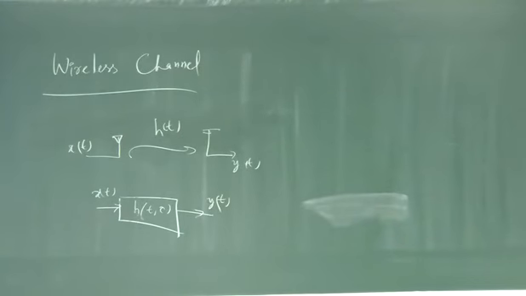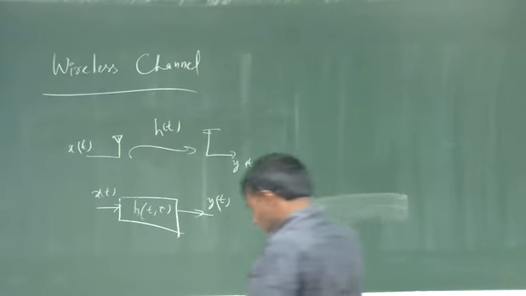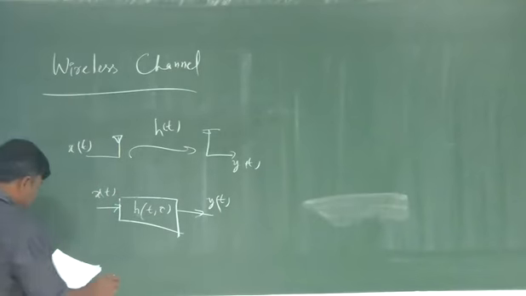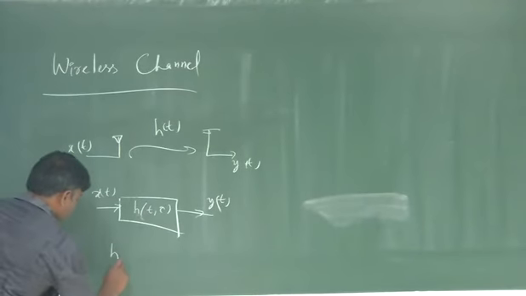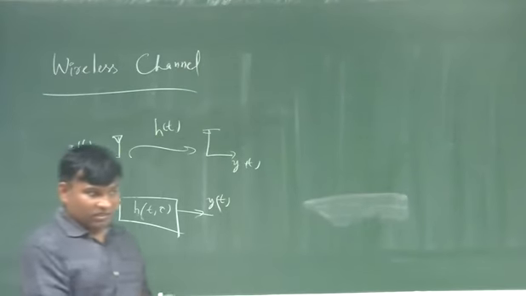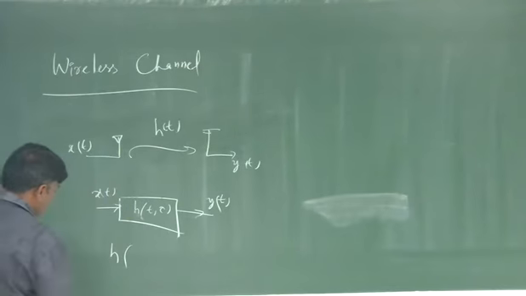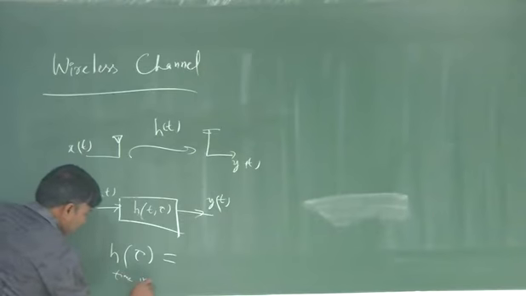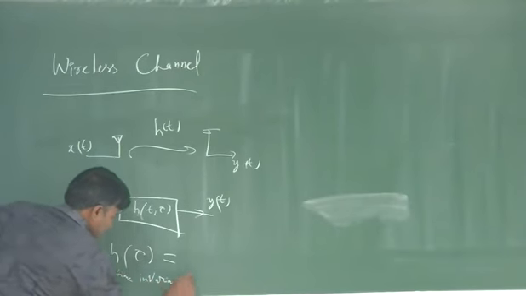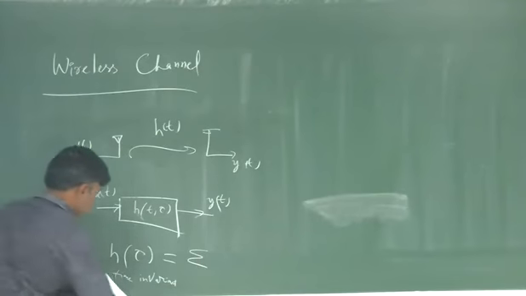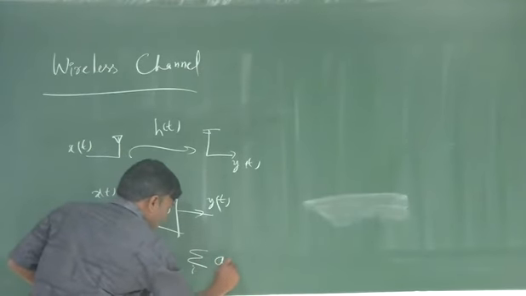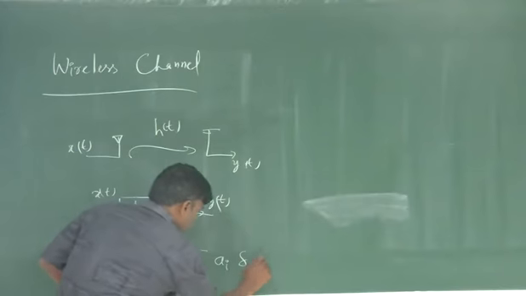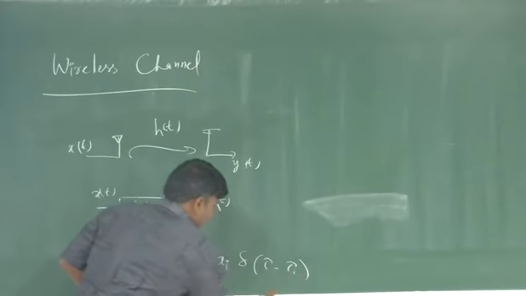Okay, so then what is this h of t comma tau? First I'll write the case where the impulse response is not varying with time at all, and then I will generalize. h of tau, in the case where it is time invariant, can be written as the sum of amplitude a_i times delta of tau minus tau_i.